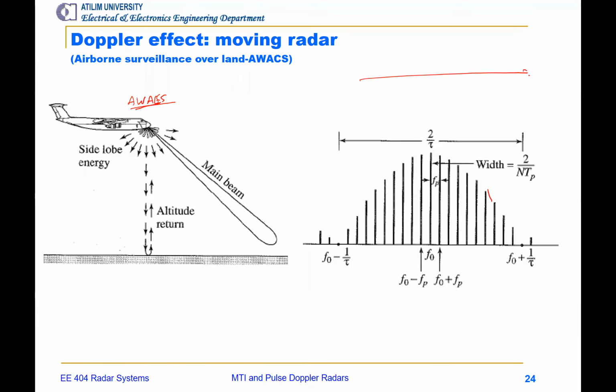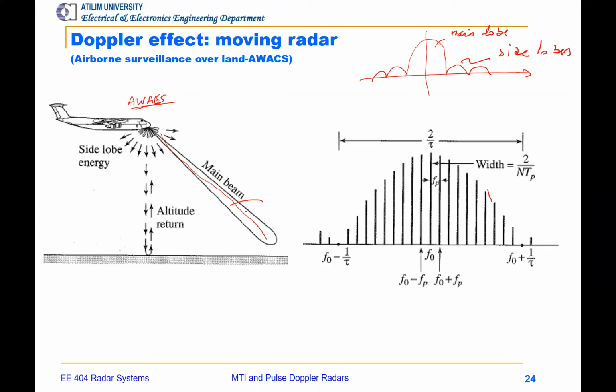So consider the radar antenna, just like this. Again, very similar to sinc shape. Here is the main lobe, and here are the side lobes. We direct the main lobe into the area that we want to see.